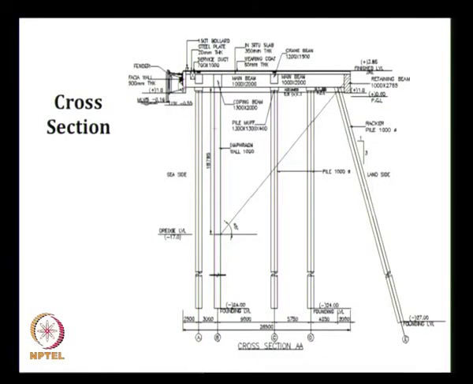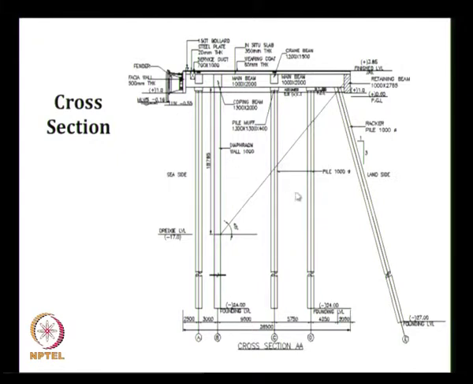When you have a large lateral force to be resisted, either a berthing force or a mooring force, the raker piles will have an axial force, and this axial force will have a horizontal component which will resist these forces.